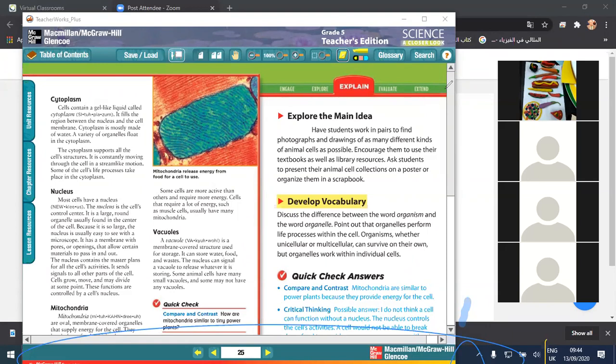Can I define the cell? Yeah. The cell is the smallest unit of living matter. Excellent. Yes, excellent.